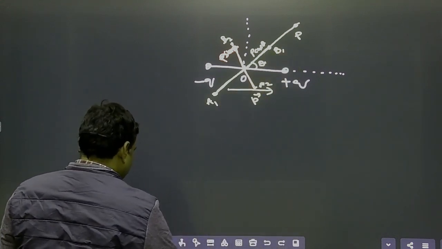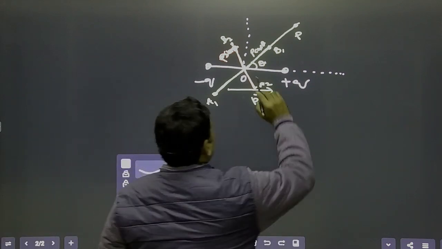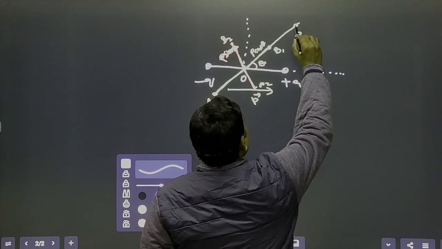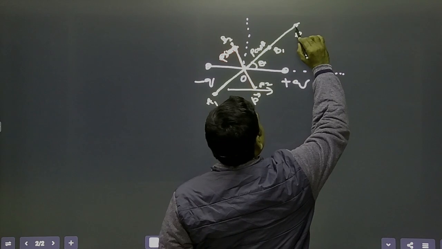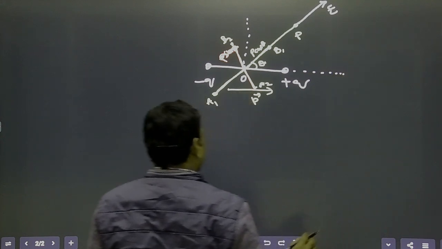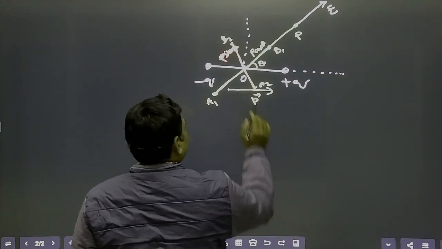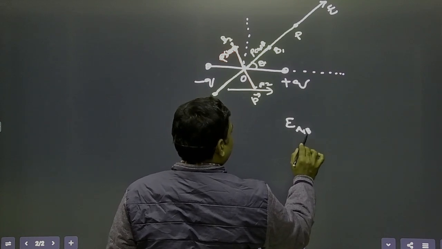Now you can observe that in this direction, the point P is on the axial line. So the direction of the electric field will be E axial, that is E along the A1 B1 axis.